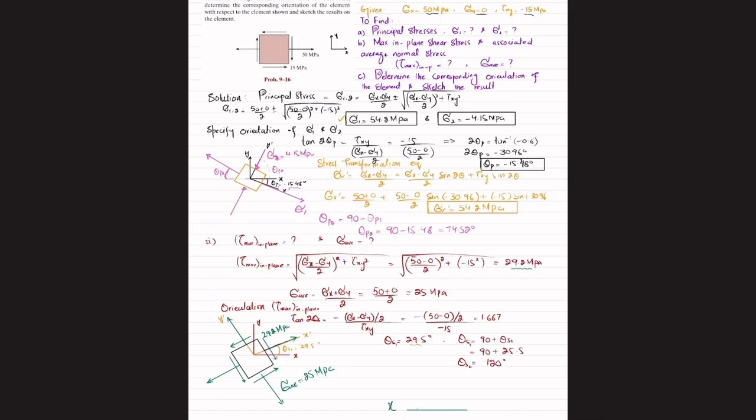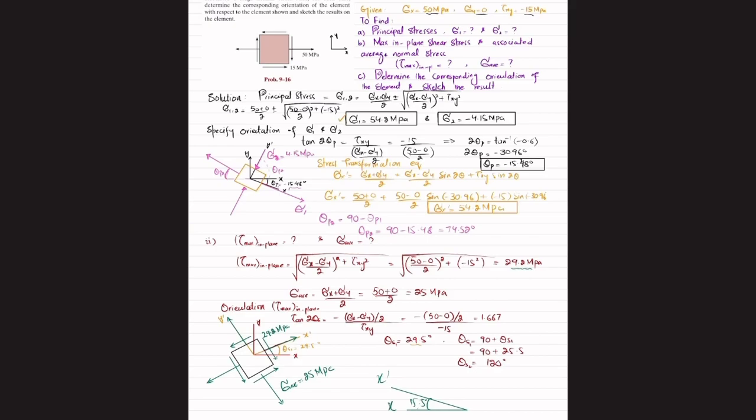Clear? 15.5 in clockwise. So if you move clockwise like this, this is your x dash and this is your clockwise 15.5, or 15.48, which is 15.5 degree.